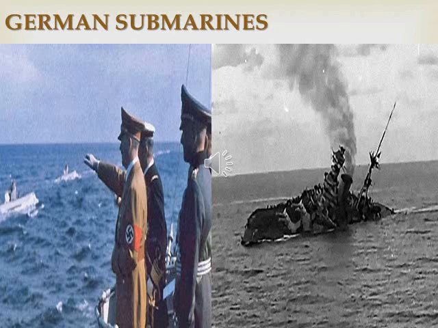In order to reduce the power of Britain, which depended wholly on its empire and the goods from the United States, Germany attacked the civilian ships which carried the goods to Britain.